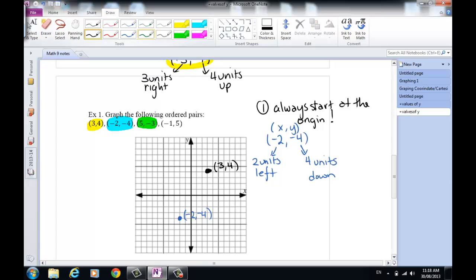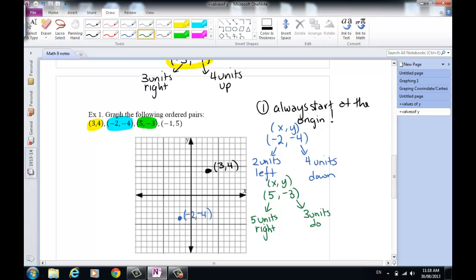Alright, let's do the green one. So our next one, we've got 5, -3. This is telling us that we are going 5 units. It's positive, therefore we're going to the right. Here we're going 3 units. It's negative, it's our y value, remember it goes in alphabetical order.